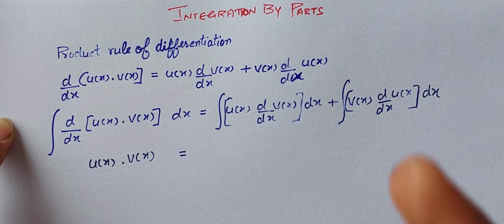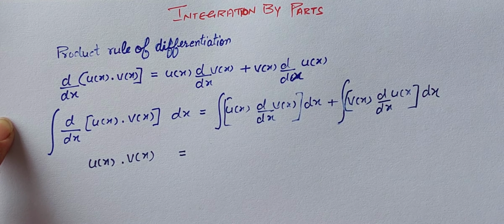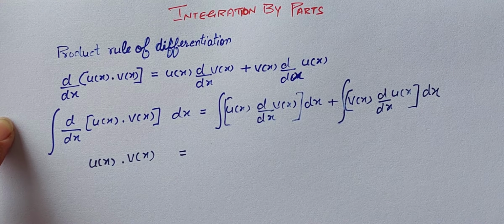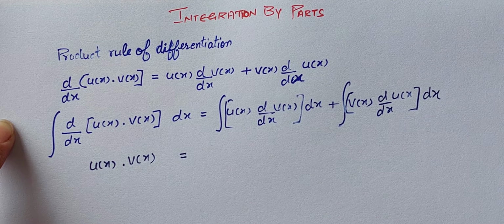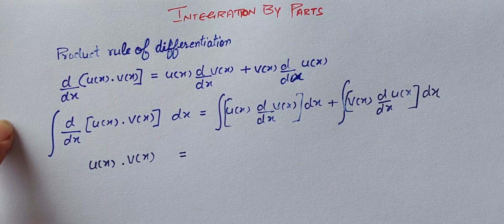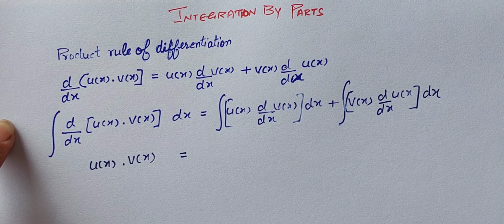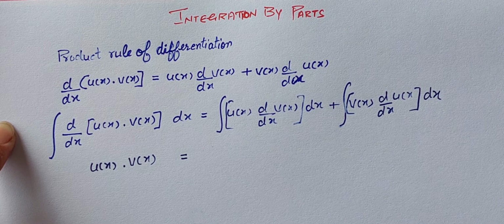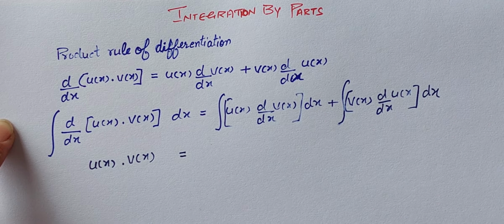Whose derivative is sin x? Because finding the integral is just the reverse process of differentiation. So whose integral is sin x? You recall whose differentiation is sin x, and that is equal to minus cos x. This is how you work.